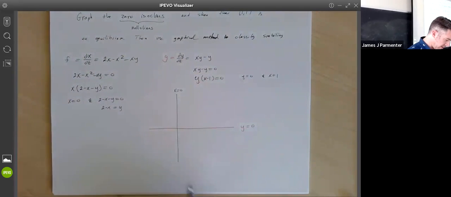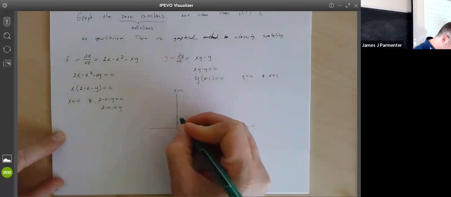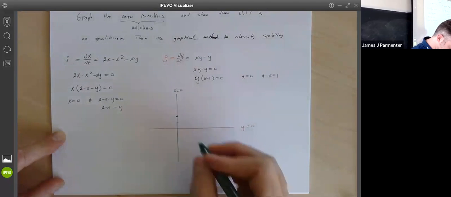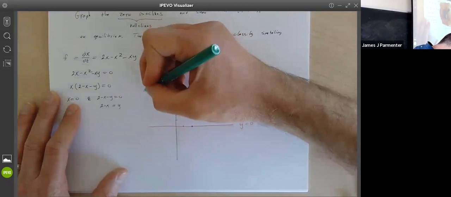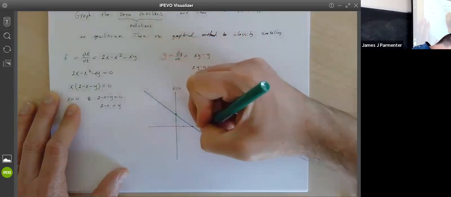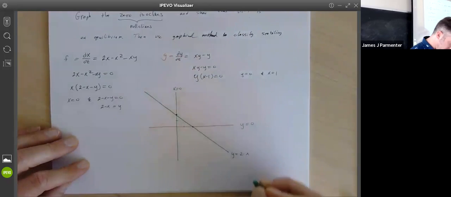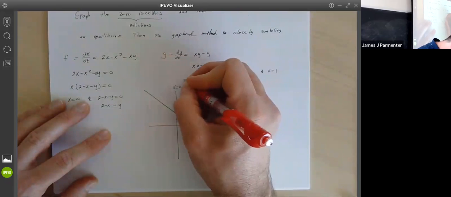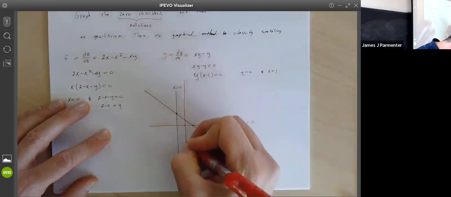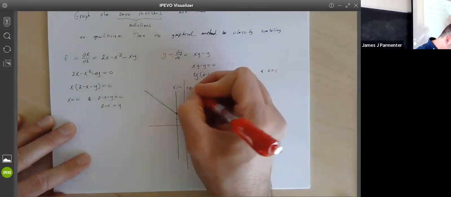And then we also have y equal to 2 minus x in green, so that's going to have a y-intercept of 2 and an x-intercept of also 2. And then finally, we have x equal to 1 in red.